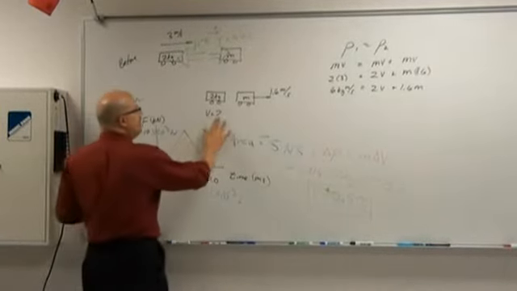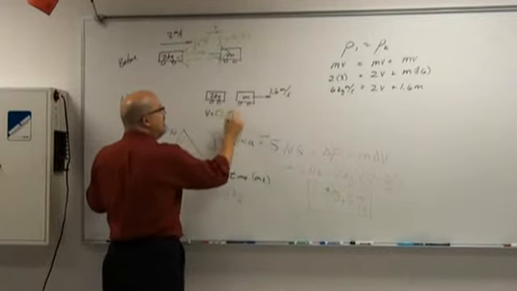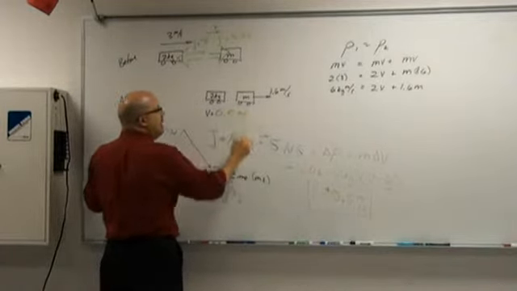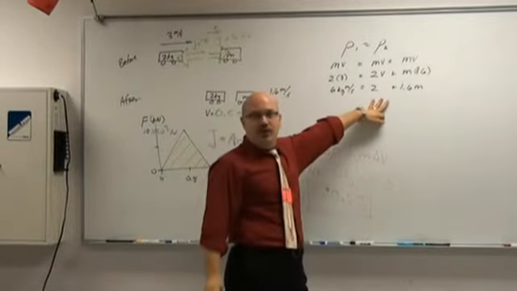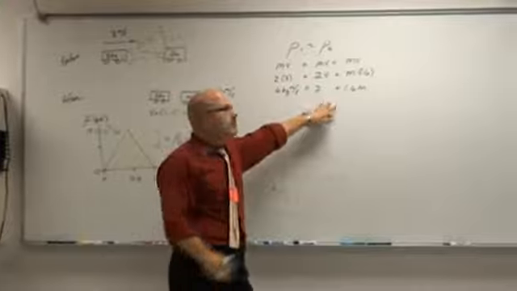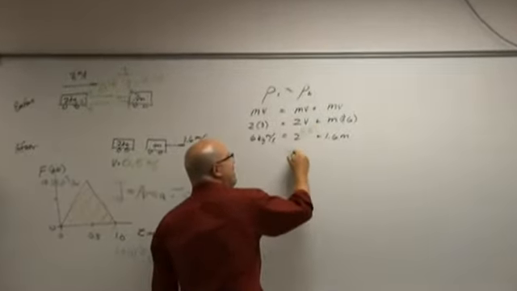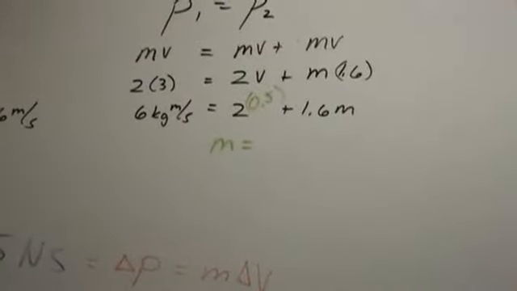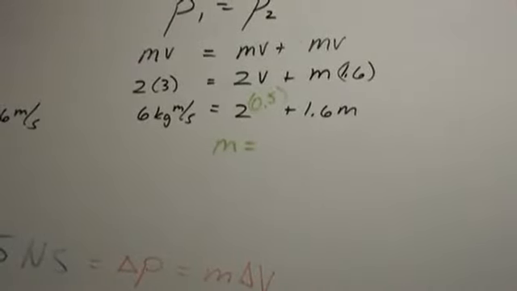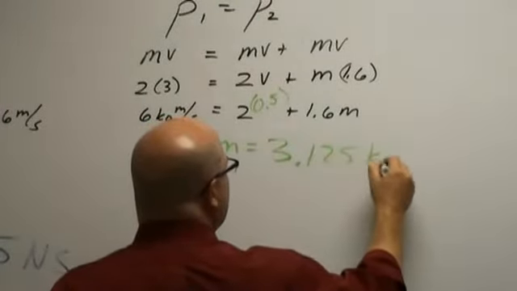All right, so if this velocity here now is 0.5 meters per second, this physics here that we figured out is great. That's now 0.5, and now we can find the mass of the other cart with conservation of momentum. 3.125 kilograms.